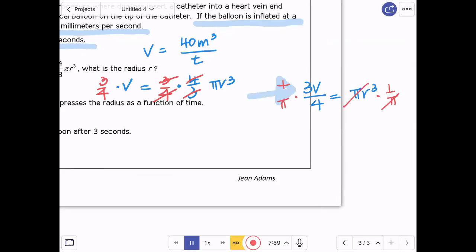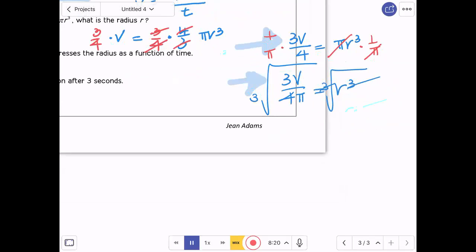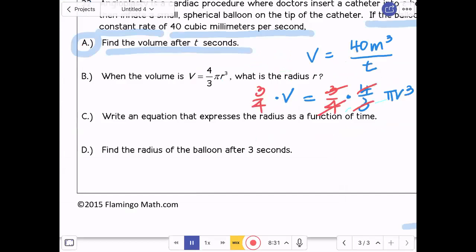For the next step, now we get 3V over 4 pi, which is equal to r cubed. Then to get rid of this cube, we take the cube root. Therefore, for the final answer, r is equal to the cube root of 3V over 4 pi.